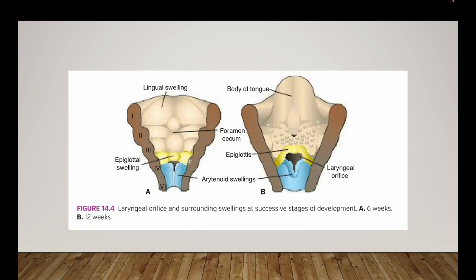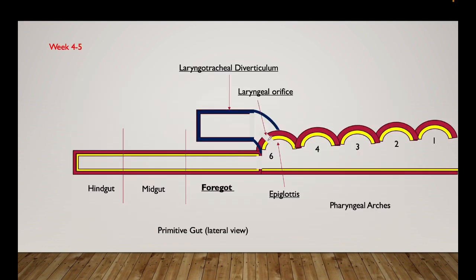Okay? And this orifice will widen as you can see here. So there is now an opening between the primitive tube and the laryngotracheal diverticulum. This is called the laryngeal orifice.